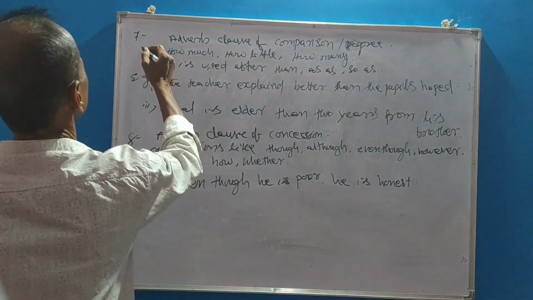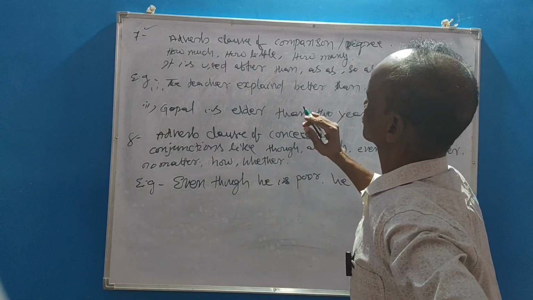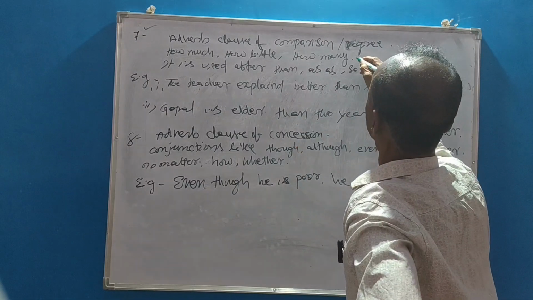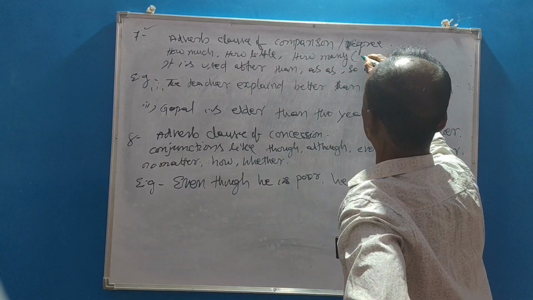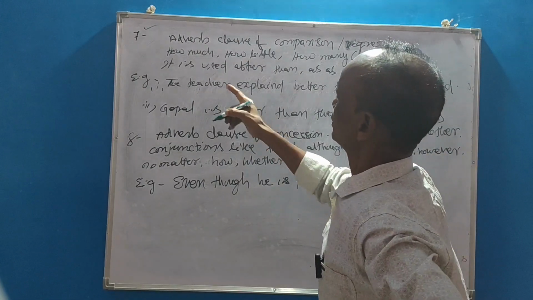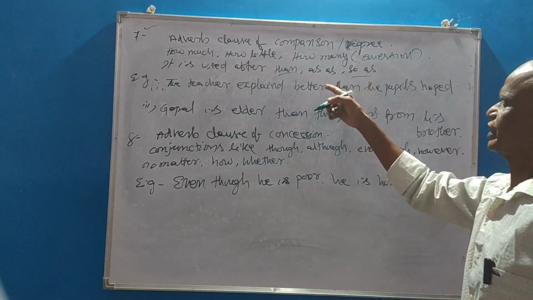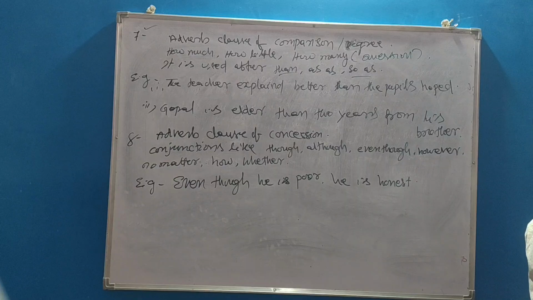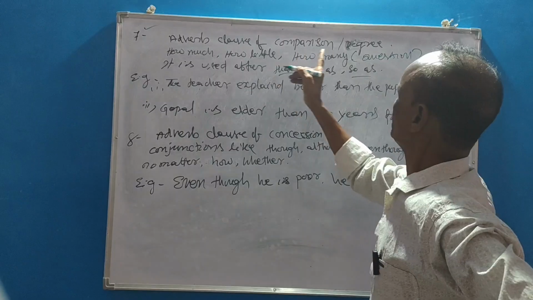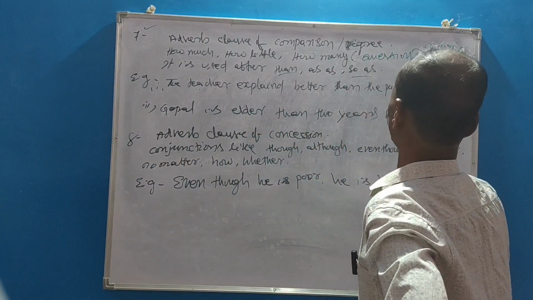Next. Point 7. Adverb clause of comparison or degree. The questions are how much, how little, how many. It is used after than and other so words, after the conjunction than. And it answers the WH questions how much, how little, how many. For example, the teacher explained better than the pupils.